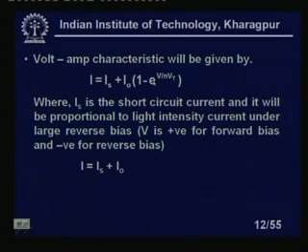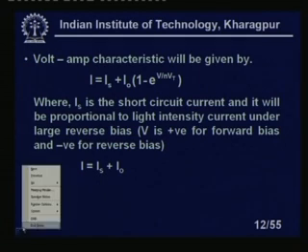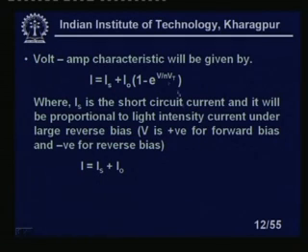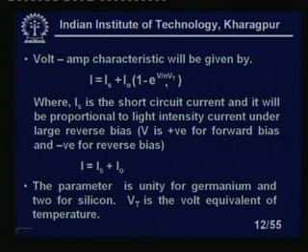Right. Now, if the reverse bias is large, obviously this part will be very small, is it not? If reverse bias is large, then V is very large and negative, so this term will be almost negligible and it will be I equal to Is plus I0, where Is is a short circuit current proportional to the light intensity current, under large reverse bias.